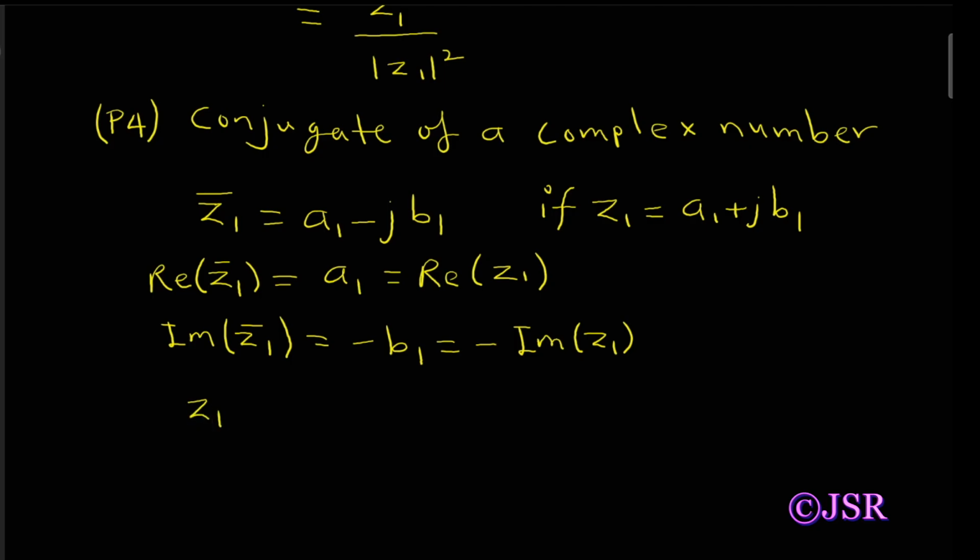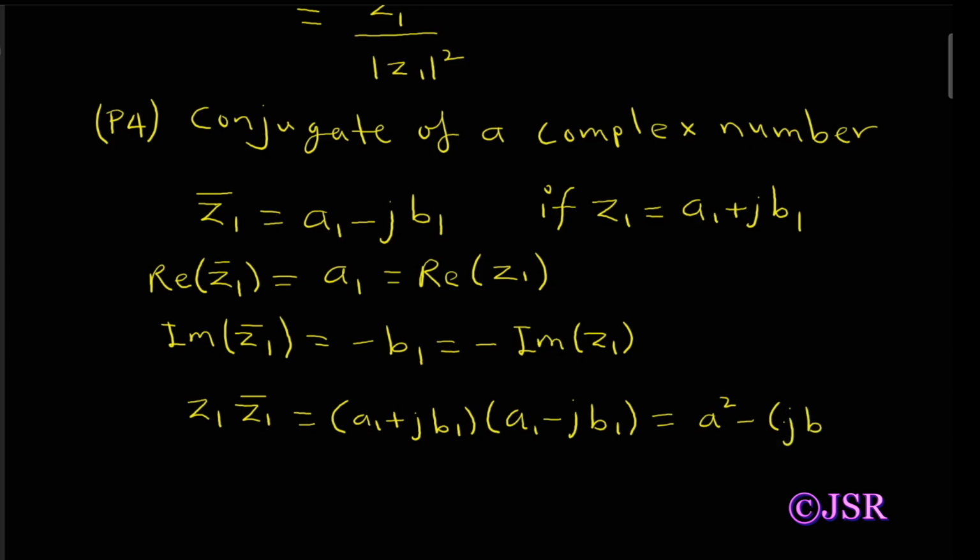Z1 times Z1 bar can be written as a1 plus j b1 in the second bracket a1 minus j b1, and that is equal to a square minus j in bracket j b whole square, which will further give us a square minus j square b square.